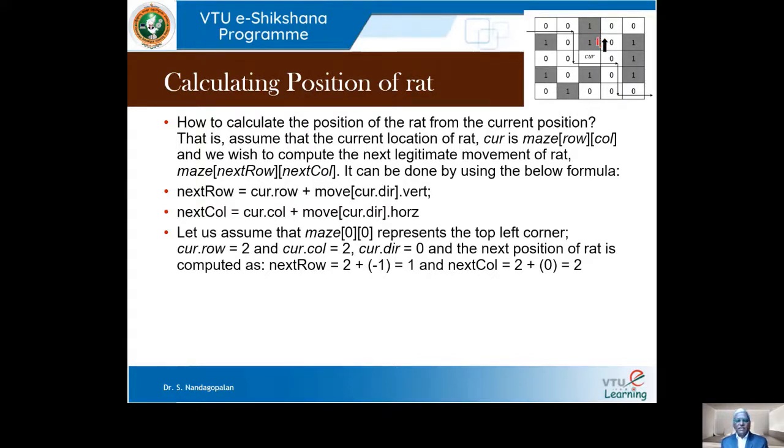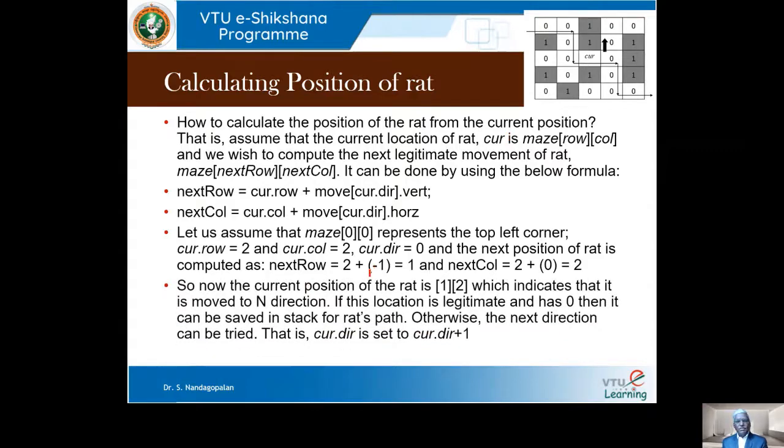I should try the next one, that is current direction equal to 1 for the same current position. So now the current position of the rat is 1, 2, which indicates that it moved to north, and if it is legitimate, it should have a 0. If it doesn't, then we have to try the next direction.